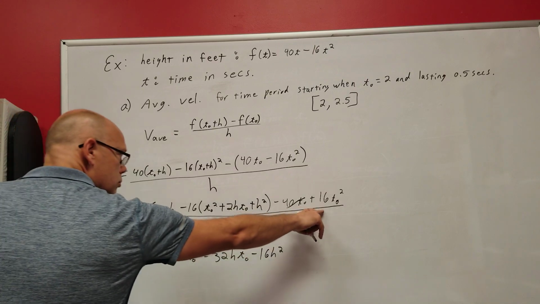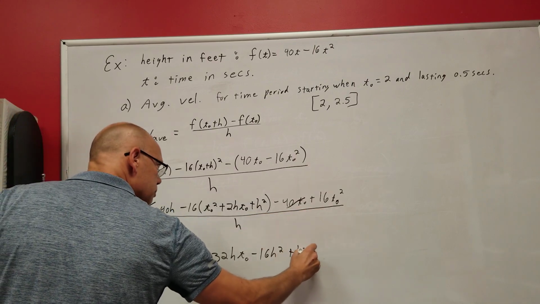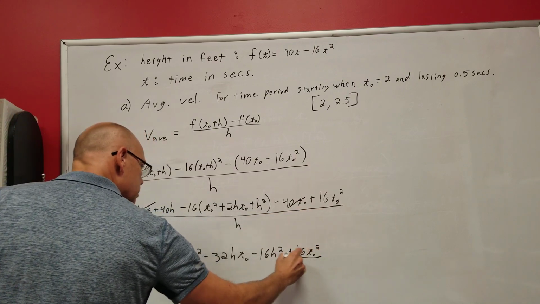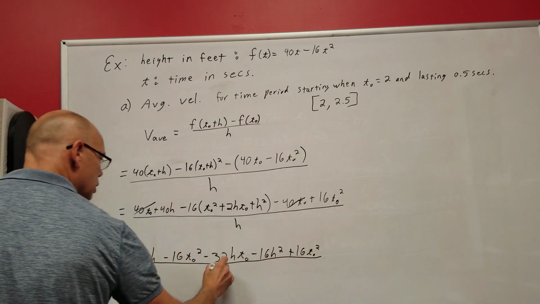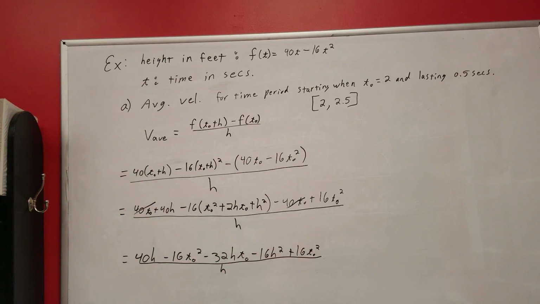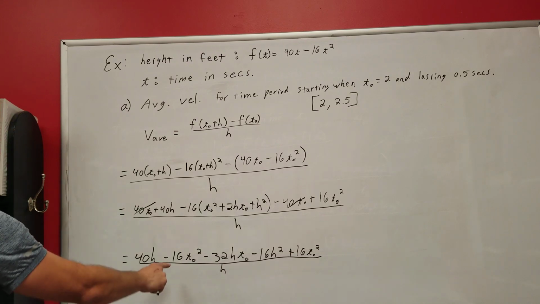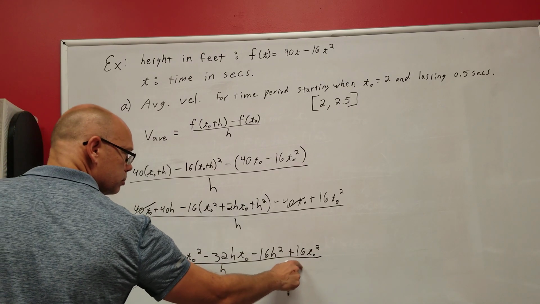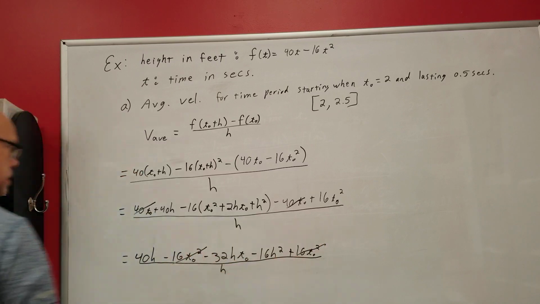Then at the end, we have plus 16 t naught squared. That's all over h. Now, negative 16 t naught squared and positive 16 t naught squared are going to zero each other out.